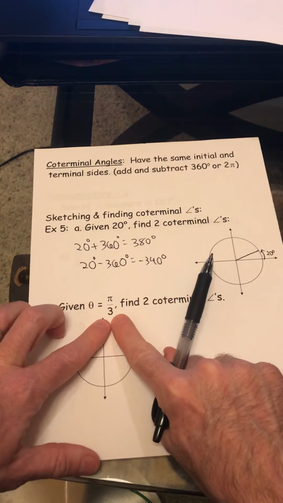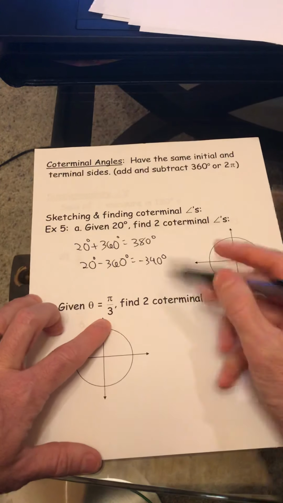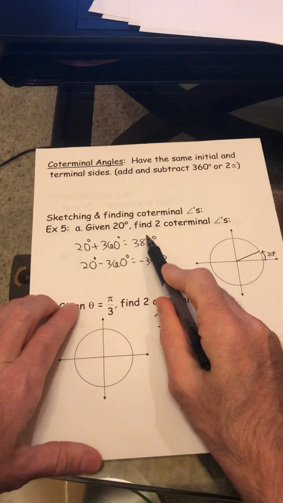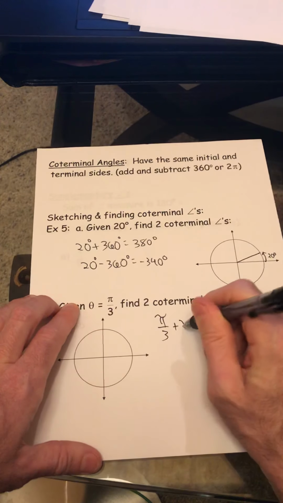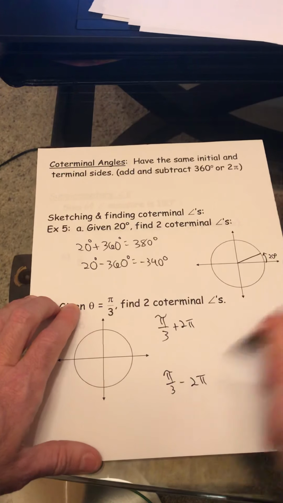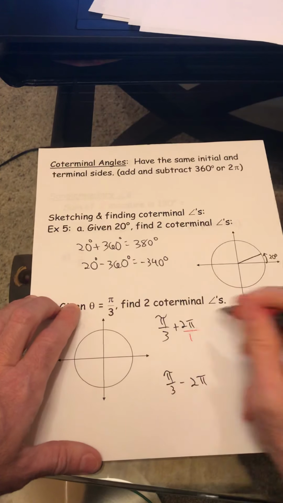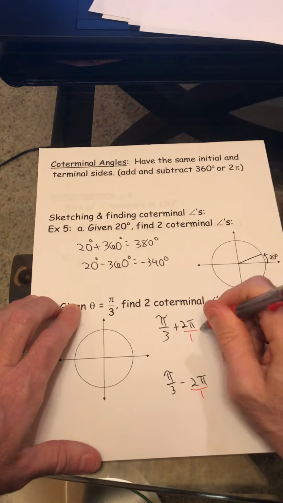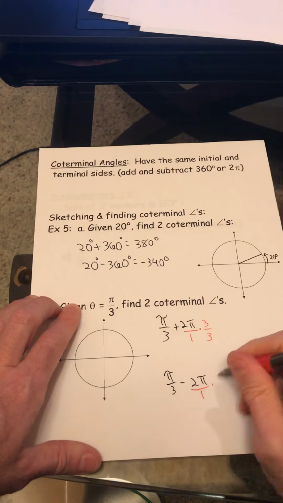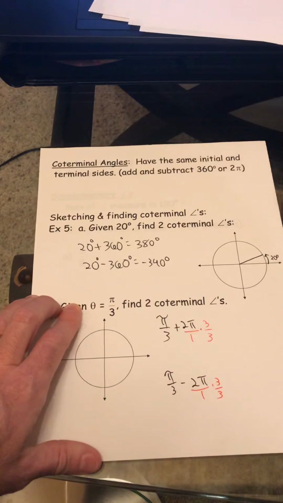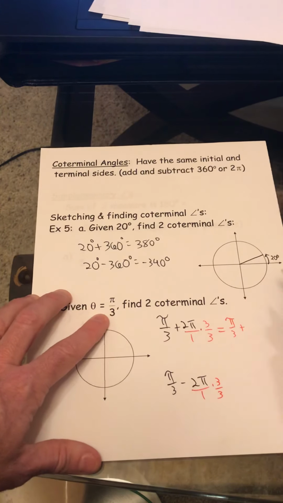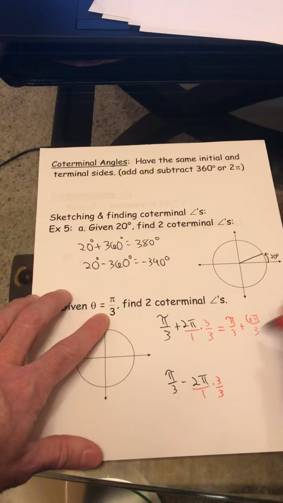Now, let's say you have radians, pi over 3. Well, you either add or subtract 360, or we add or subtract 2 pi. So for this, I am going to need a common denominator. So this is pi over 3 plus 6 pi over 3.